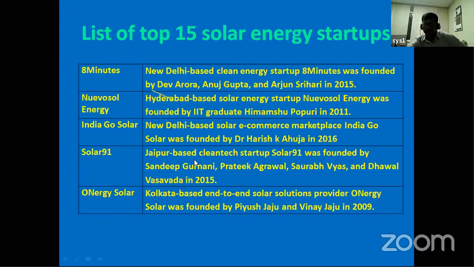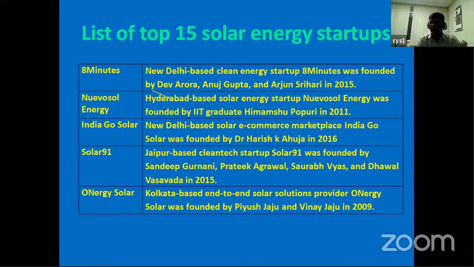Solar 91, a Jaipur, Rajasthan-based clean tech startup, was founded by Sandeep Gurnani, Pratik Agarwal, Saurabh Vyas, and Dhaval Paswada in the year 2015. The last, you can see, is Solar, a Kolkata-based end-to-end solution provider, founded by Piyush Jhaju and Vinay Jhaju.